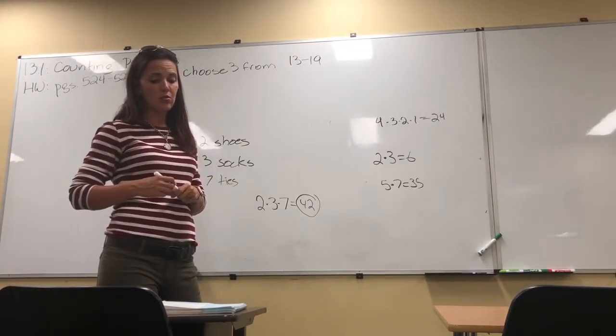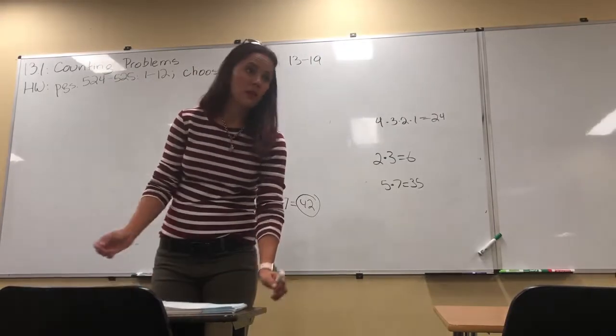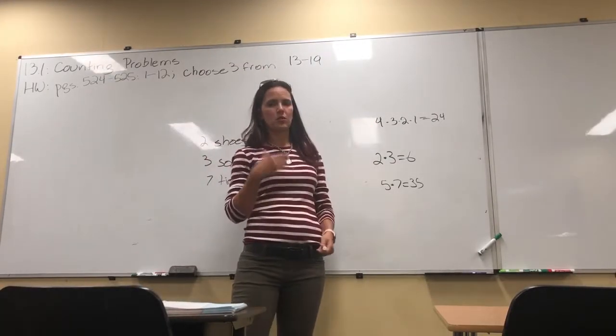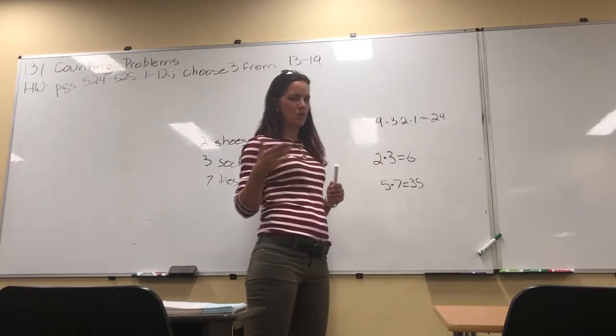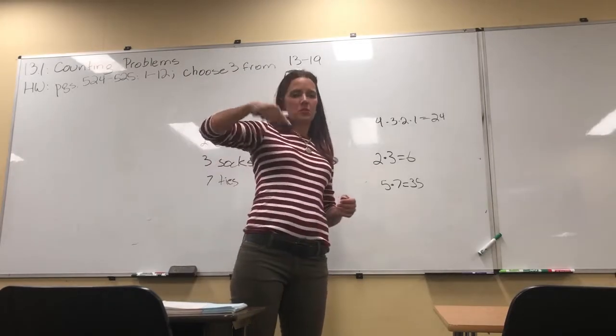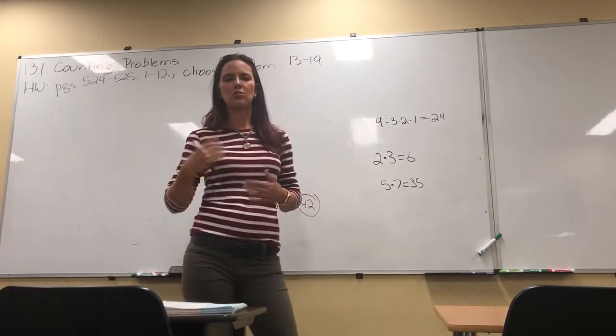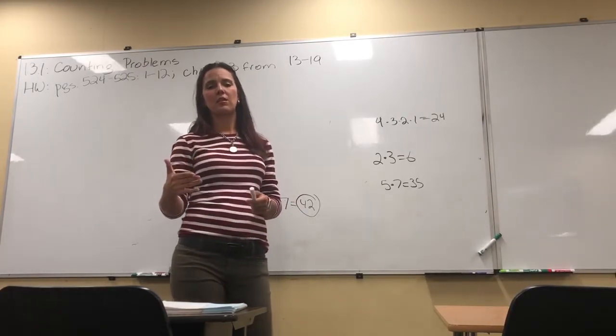So in example 2, it was a little bit tricky, and they actually don't talk about this 4 times 3 times 2 times 1 until another section, but it's called factorial. I think I talked to you guys about it once in class, where basically 7 factorial is 7 times 6 times 5 times 4 times 3 times 2 times 1. So if I said I have 7 letters, how many ways can I arrange them?